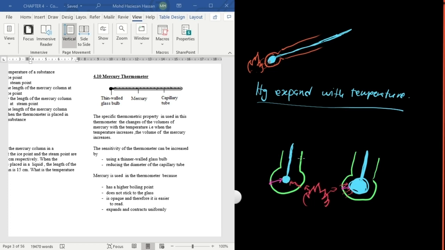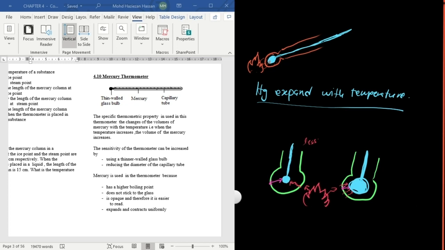So that's why this one will be less sensitive. That means when we put it to a hotter object, it will take time for the mercury to expand. But when we use a thinner bulb, it will expand a lot easier compared to the thick bulb. That is how a thinner wall glass bulb can help to increase the sensitivity of the thermometer.